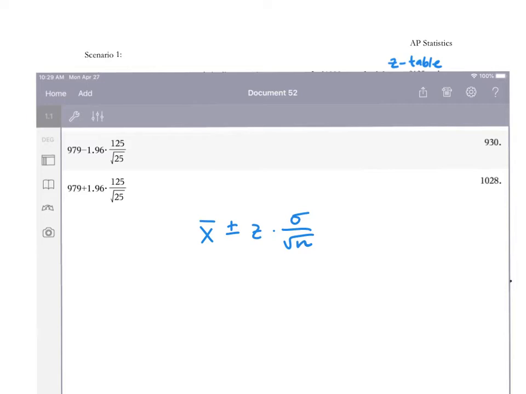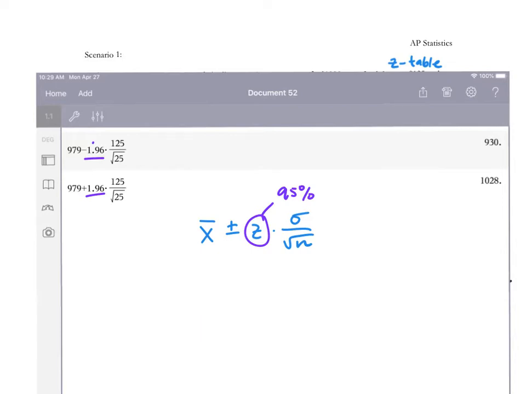I did the subtraction and the addition, but the z value that I used corresponds to 95%, which gives me a z-score of 1.96. Okay, so I added and subtracted, and I got a lower bound of 930 and an upper bound of 1028.